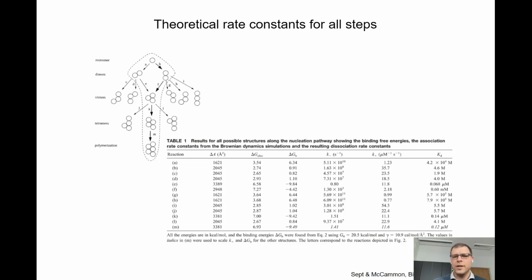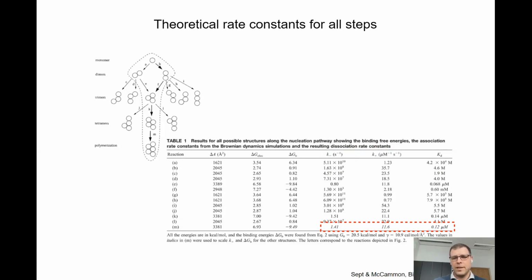Their major conclusion was that the rate limiting step is the formation of a dimer. And once the system has reached a trimeric state, afterwards, all the subsequent steps are more or less working in the same way with the same rate constants.